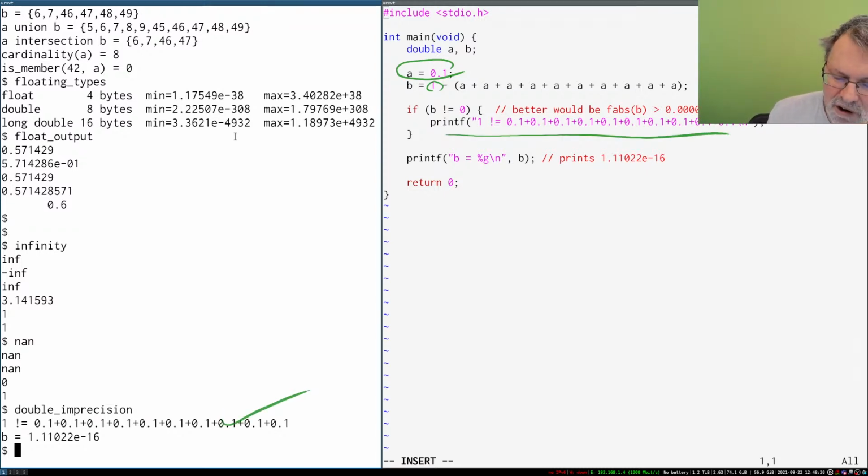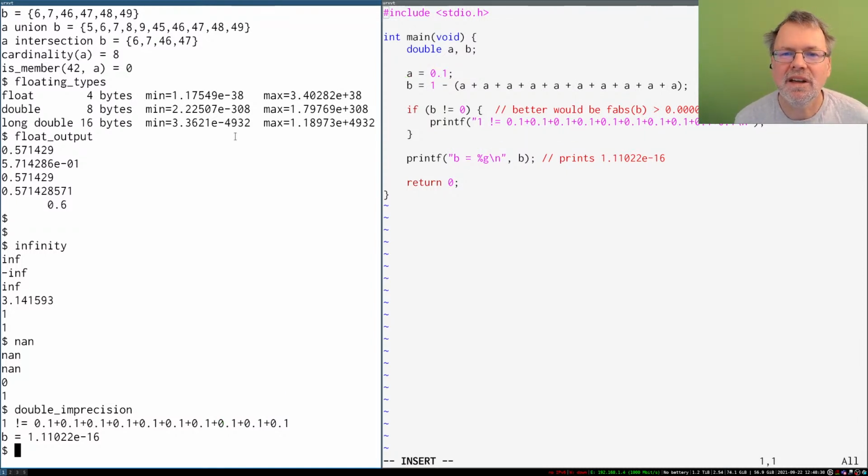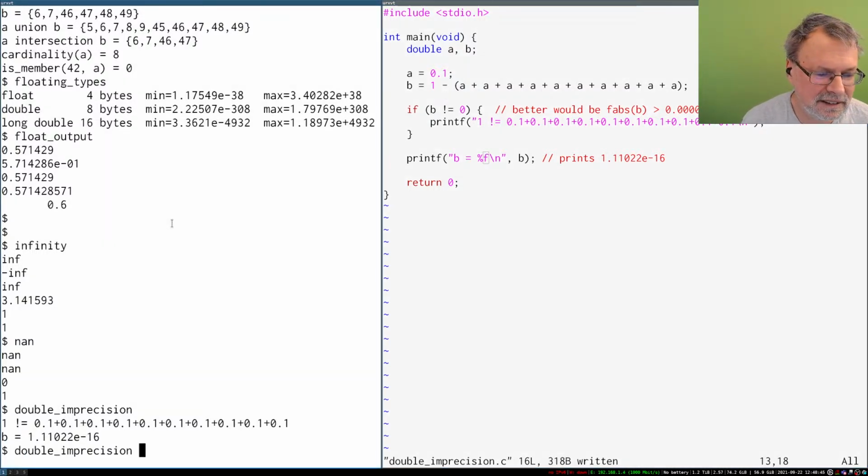And discover why the %g format is my friend here. Actually, let me show you the value of the %g format and how it's giving you a bit of help there. If I just said %f here, it would have told me b was 0. Well, sort of. I've got to compile it. Bear with me.